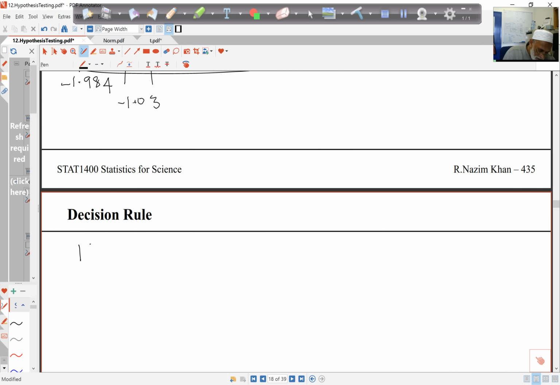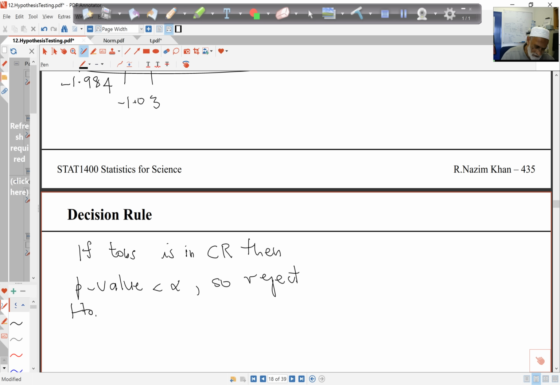So if t observed is in the critical region, then the p-value is less than alpha, so we reject the null hypothesis.